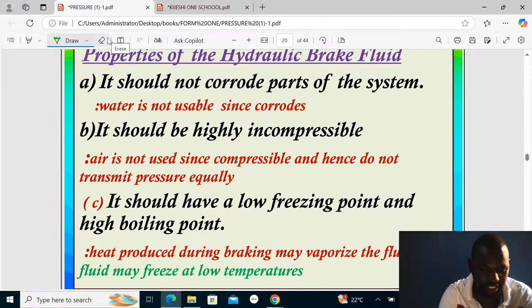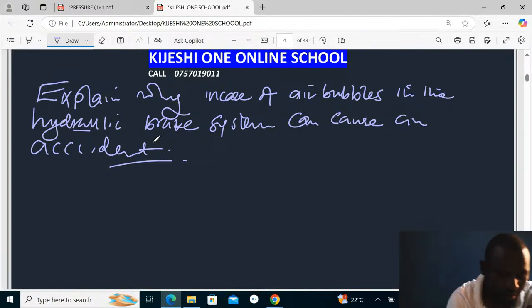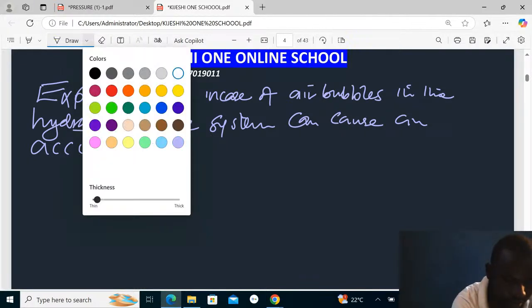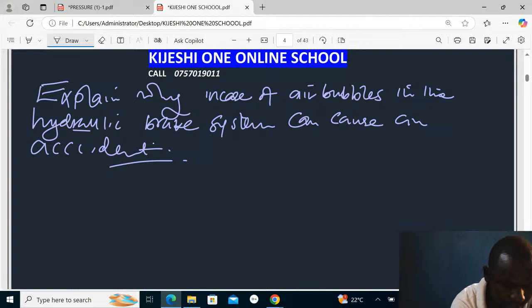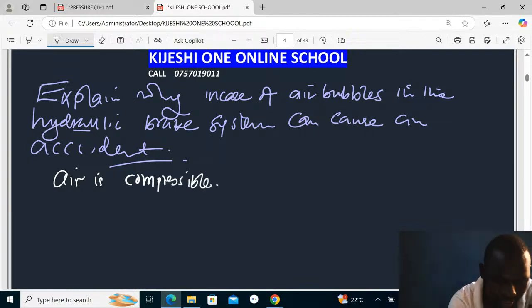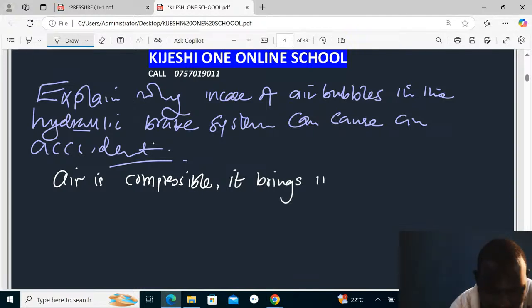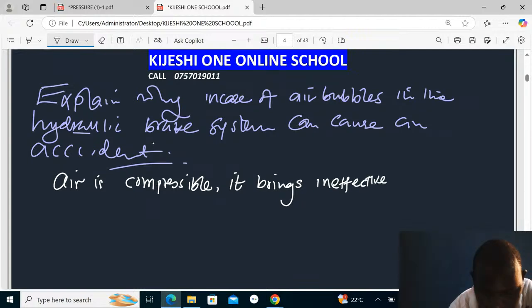So we know that air is compressible. Therefore, it brings ineffectiveness in pressure transmission.